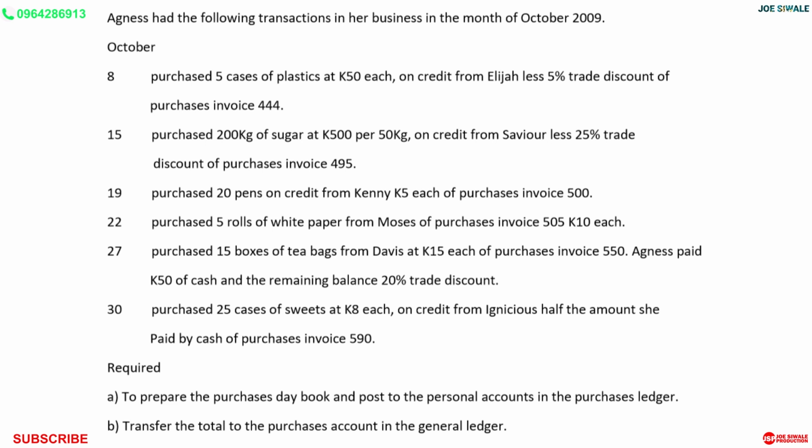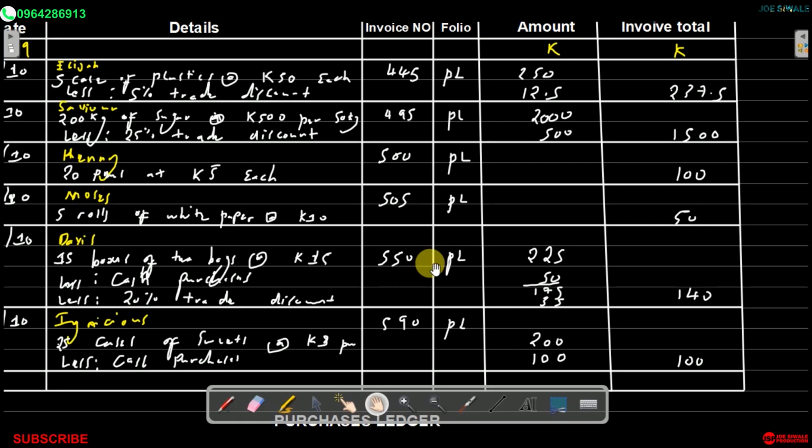The remaining thing that we're supposed to do is to find our total credit purchases. For us to find the total credit purchases, we're going to add our figures. So we're going to say 237.5 plus 1500 plus 100 plus 50 plus 140 plus 100.